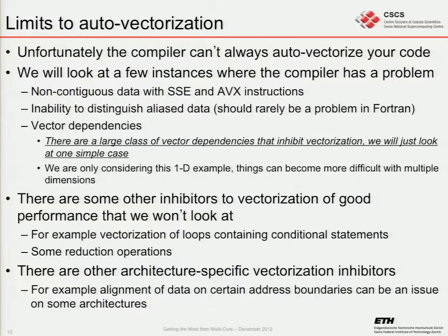But non-contiguous data, we've already seen that it's a problem probably anyway in terms of cache use, but it can also be a problem for vectorization. Then there's that inability to distinguish aliased data. One of the examples that Ben just showed was with A and B. You're doing a copy, A and B. Well, what can be wrong with that? Well, the fact is that unless you've got the restrict or some similar, or IVDEP, the compiler doesn't actually know that those two things aren't the same.